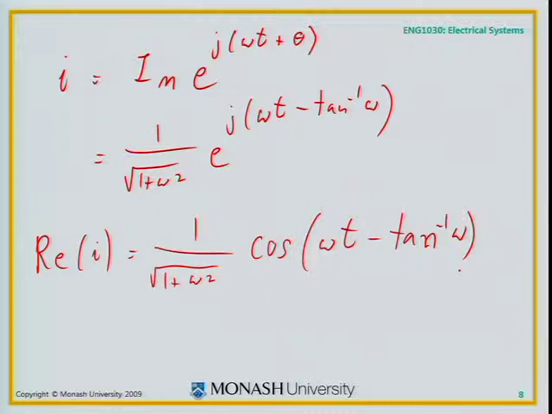So yes, at least in that case, this works. We can pretend it's a complex exponential input, do some complex arithmetic, circuit laws with these complex quantities, take the real part at the end, and we get the right answer.